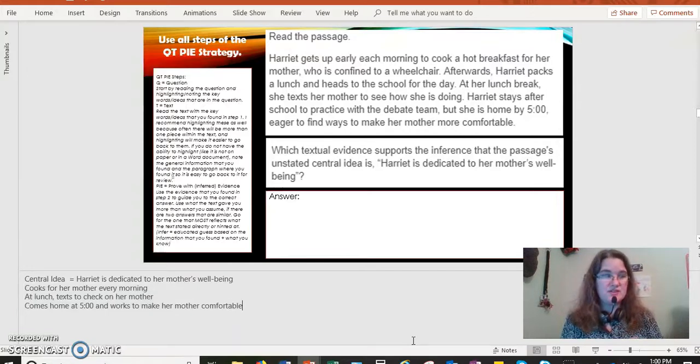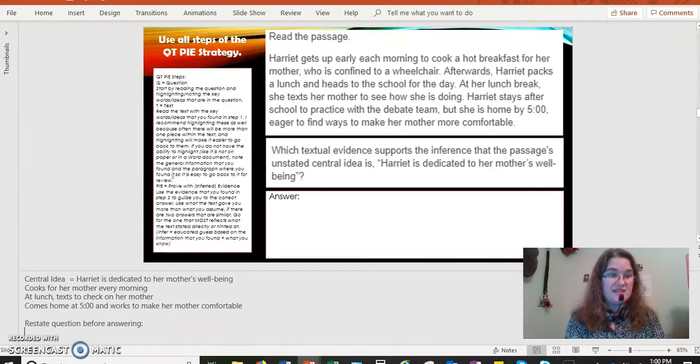So always start by restating the question itself. And we've already got those keywords here to help us to restate the question. So restate the question before answering.